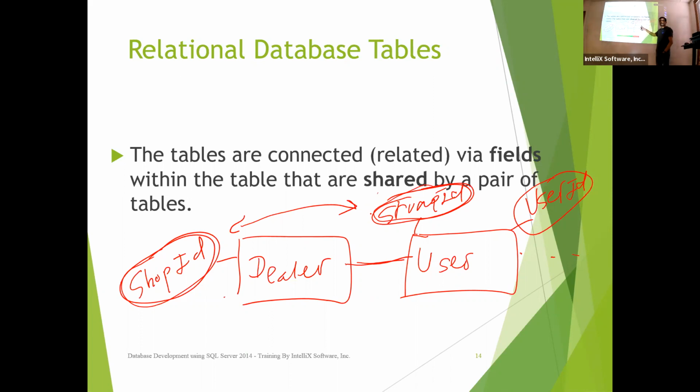I can store it along with the user record to identify this particular user XYZ, which has shop ID 1. The dealer table has shop ID 1, which is for German Toyota. So I can relate those two tables. That is the concept. Just remember common columns for now to make it relational.